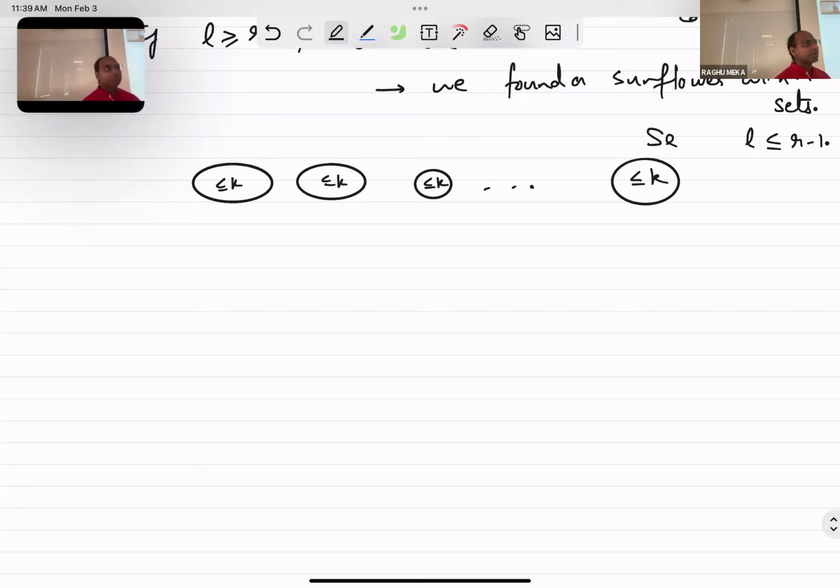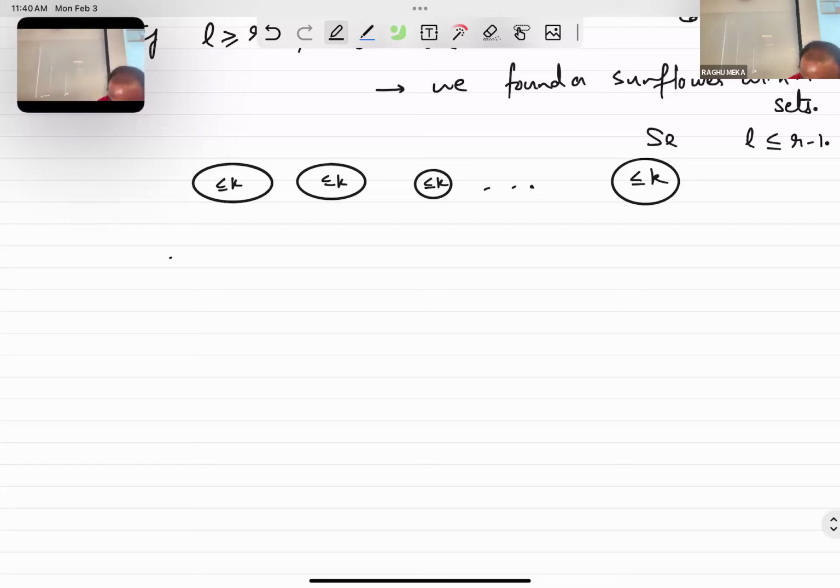What can you tell me about the other sets in the collection? My claim is now you know something very strong about the other sets in the collection. What do we know about them? They will intersect at least one of them, right? Because we could not find anything else which was disjoint from everything.